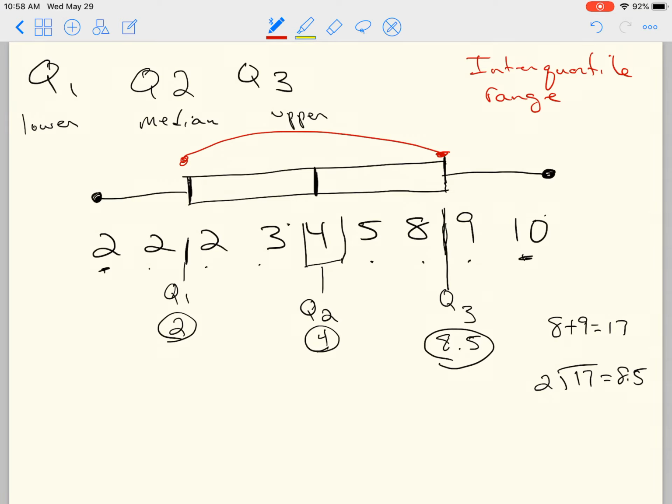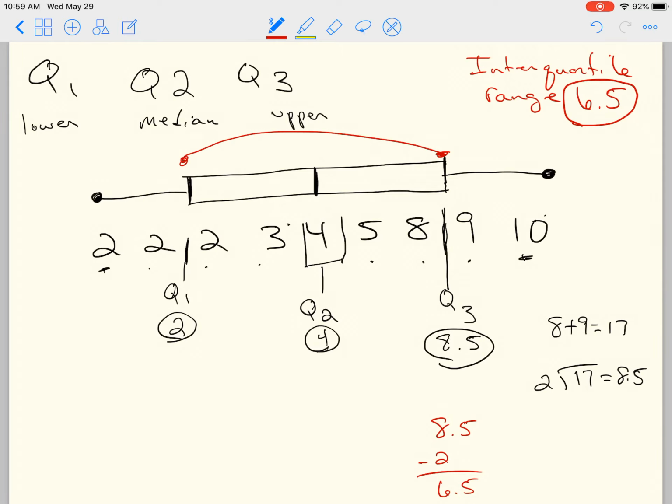Our interquartile range is from 8.5 to 2. 8.5 minus 2, we'll put it beneath it, is 6.5. So our interquartile range is 6.5.